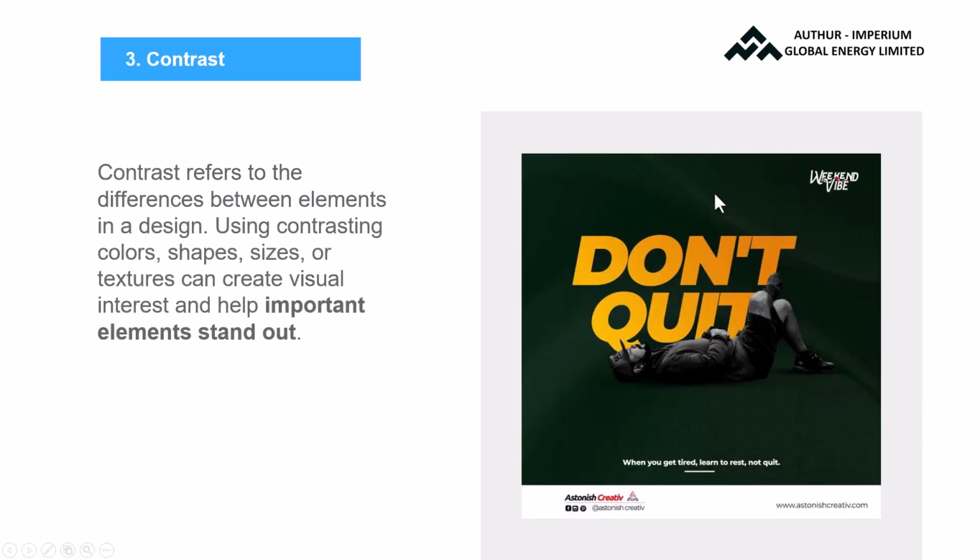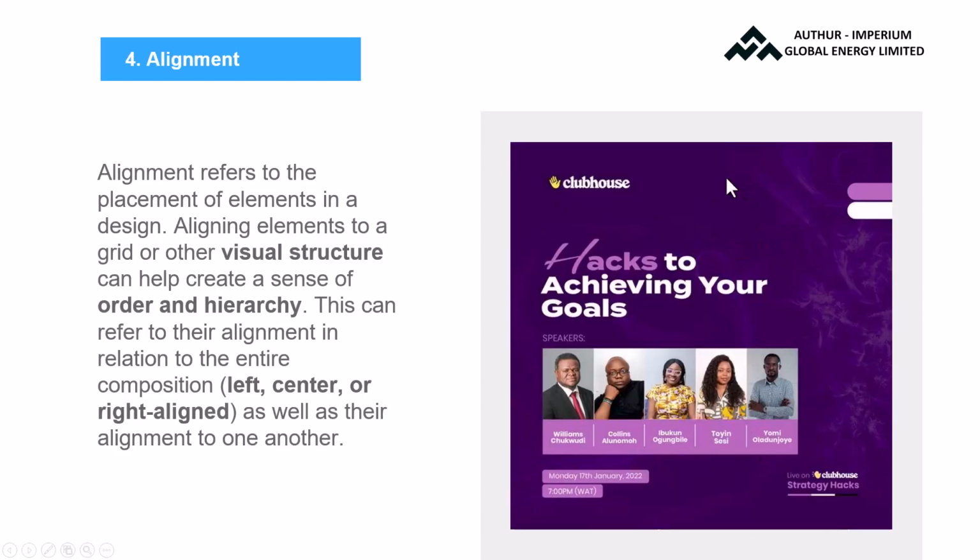Here you have contrast, white space, center alignment, and then proximity. I did not mention proximity, so everything here, see, they are close to each other. Then here we have alignment, white space, contrast and hierarchy, and proximity. All these pictures are aligned together.